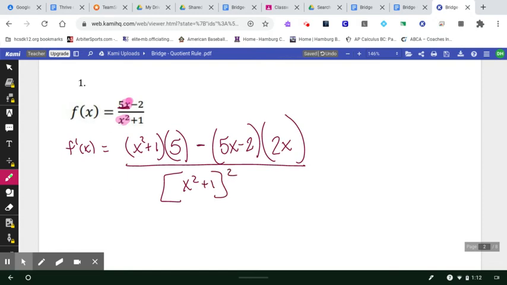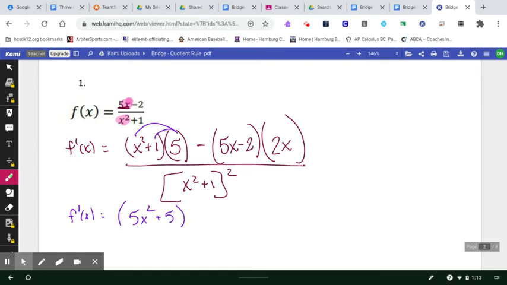Once you go through that process, the calculus part is over. Now it's just cleaning up the algebra, and there are easy places to make mistakes, so we want to slow down and work on our algebra skills. I distribute the 5 through, which gets me 5x squared plus 5, and I leave that in parentheses.